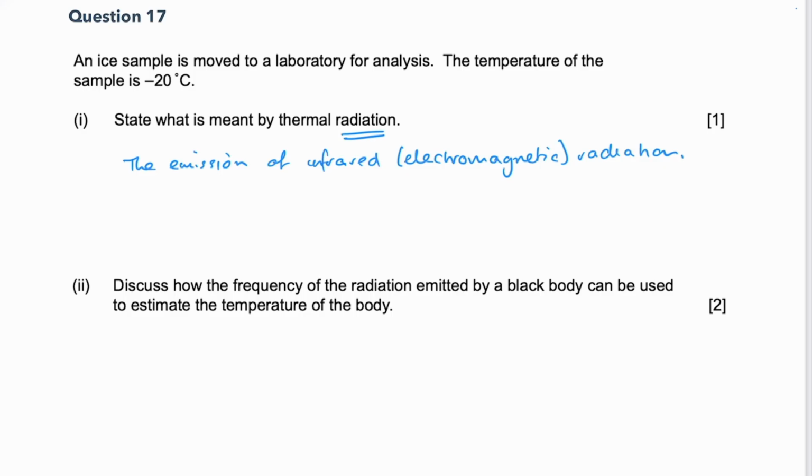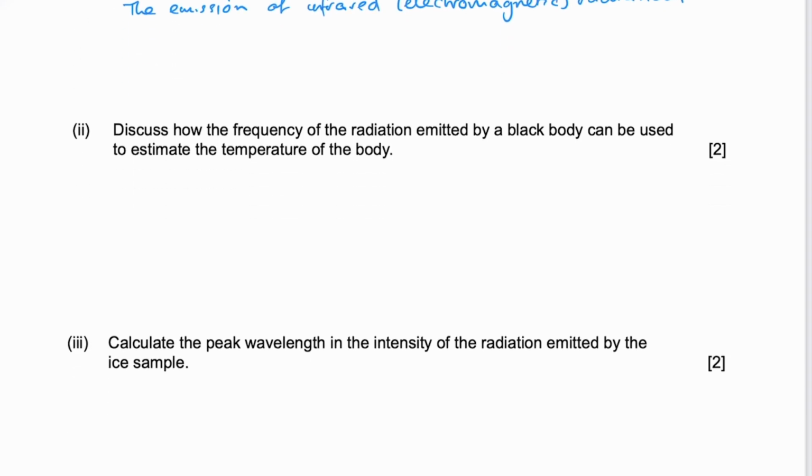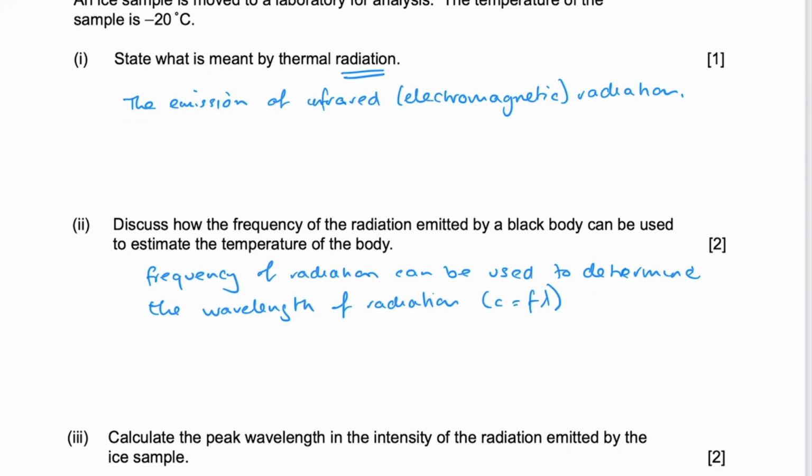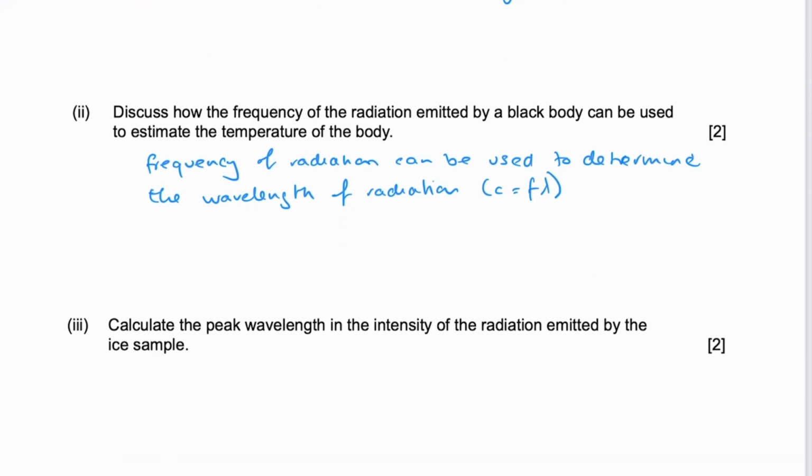2. Discuss how the frequency of the radiation emitted by a black body can be used to estimate the temperature of the body. Well, frequency of radiation can be used to determine the wavelength of radiation, and we can put in c equals f lambda there to help that conversion.